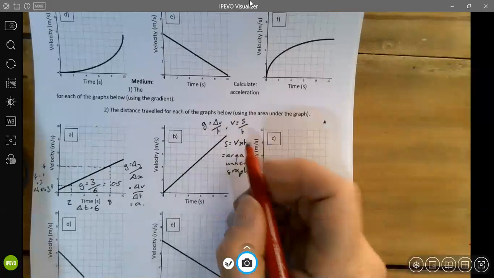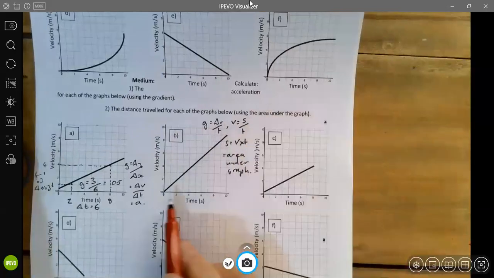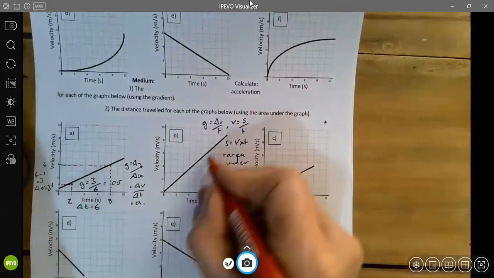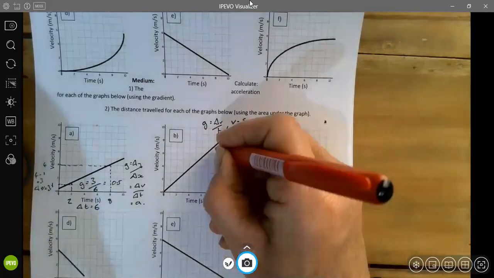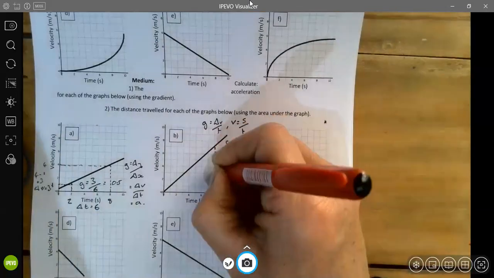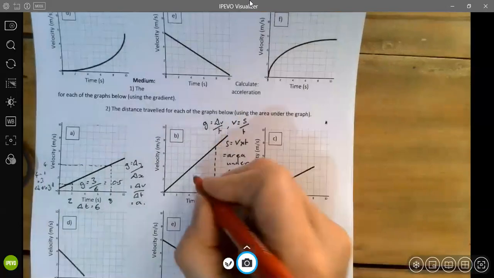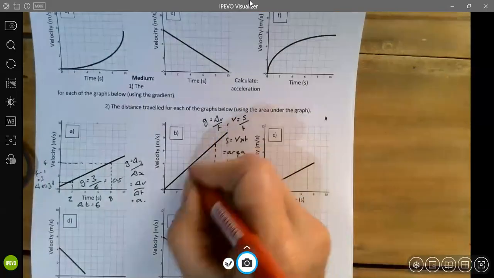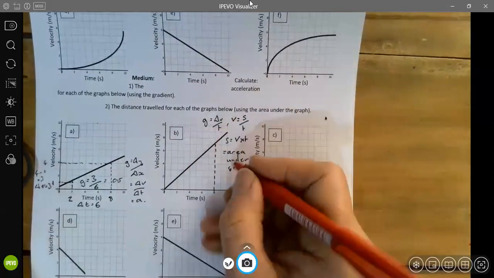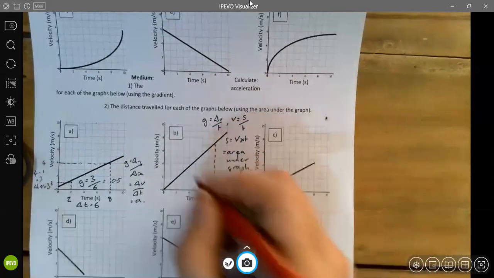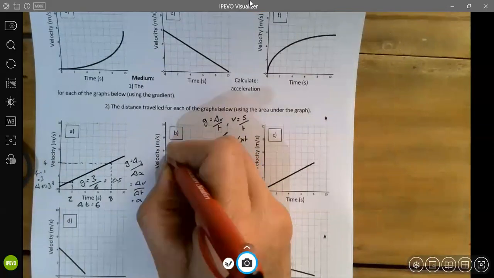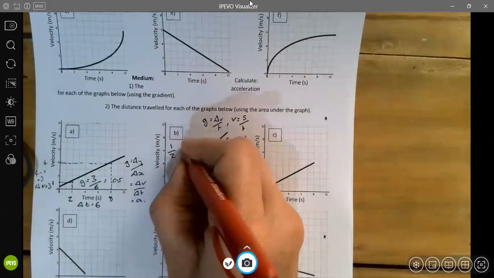So what we've actually got then is, if I take the area under this graph, and I'll just do this bit, the area underneath this graph is this triangle. So if I want to find the area under here, I need to think about the area of a triangle. The area of a triangle is given by half base times height.